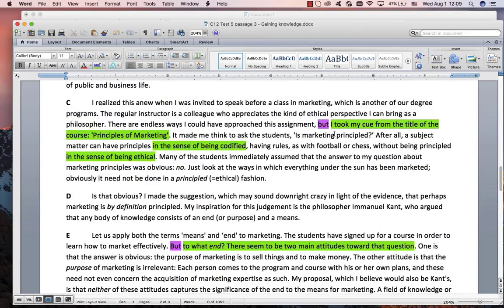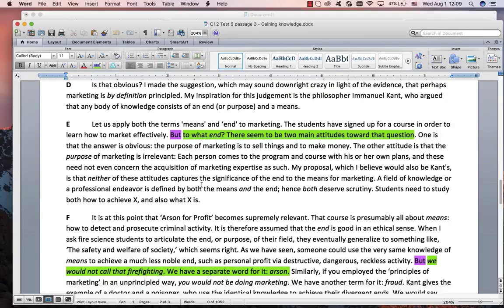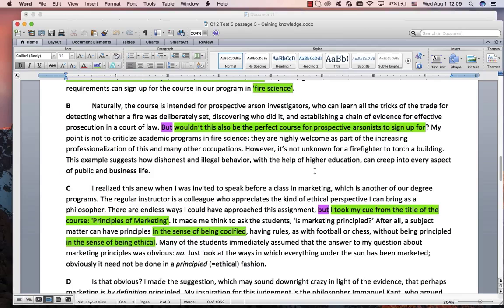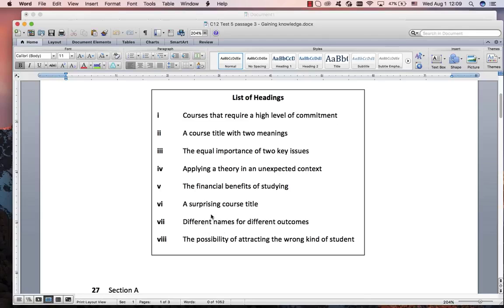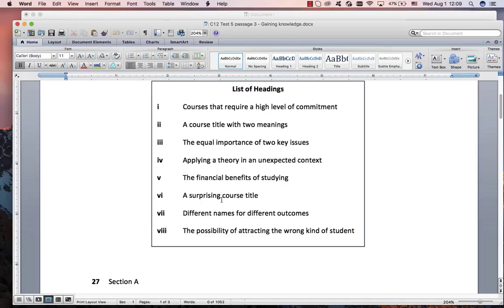There was nothing there about equal importance, but 2 key issues was in the heading, and 2 main attitudes was in the text, introduced by the word but. Finally, "we would not call that firefighting, we have a separate word for it, arson," introduced by the word but. And that was different names: we don't call it firefighting, we call it arson, for different outcomes. The headings here were very difficult. It is passage 3.